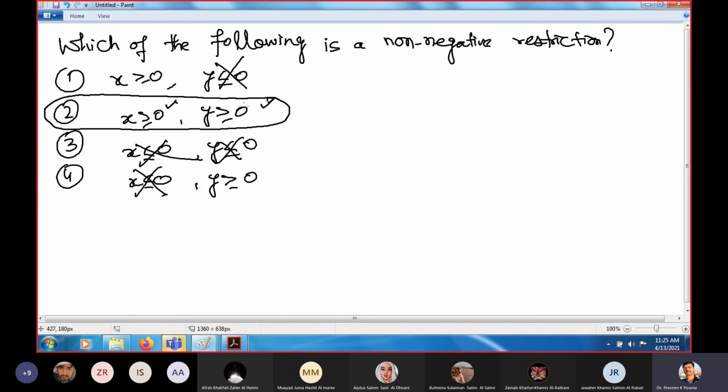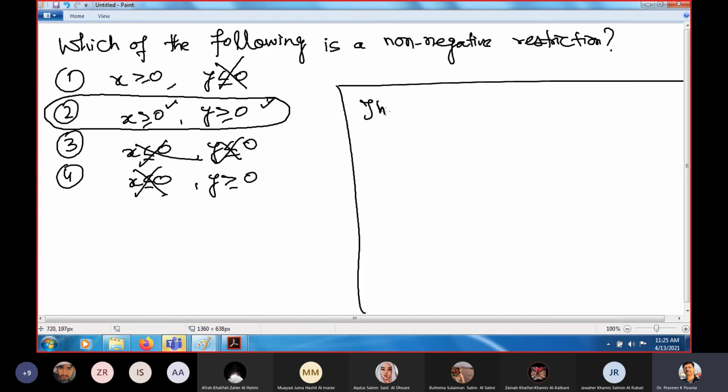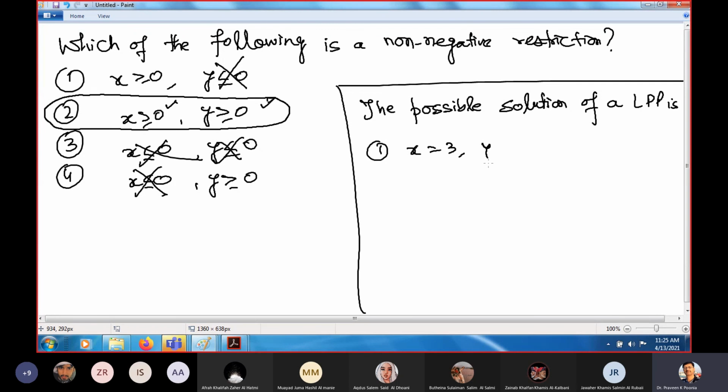So dear friends, one more question I will tell you. The possible solution of an LPP is: 1, x is equal to 3, y is equal to -1. 2, x is equal to 0, y is equal to -5. 3, x is equal to 10, y is equal to 0.